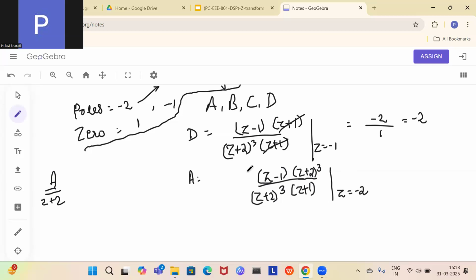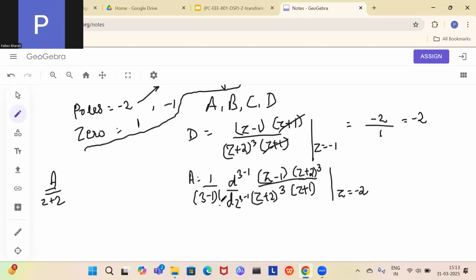But there is a catch here: this value you will put at the end. First, you need to differentiate this. How many times will you be differentiating? The total multiplicity of this pole is 3, and the denominator here was 1. So 3 minus 1.